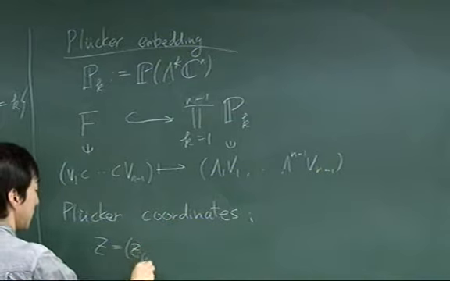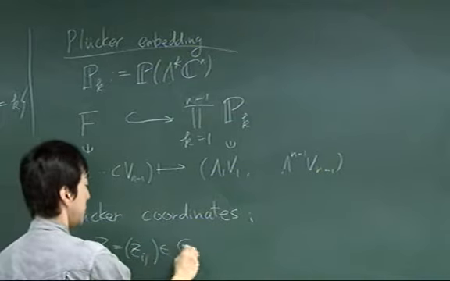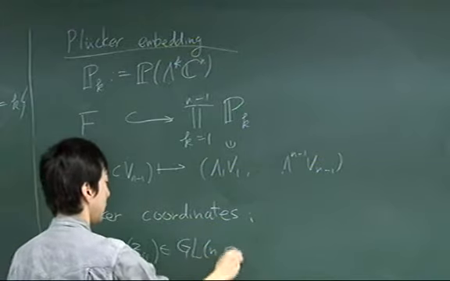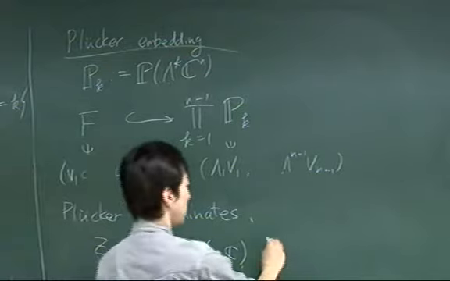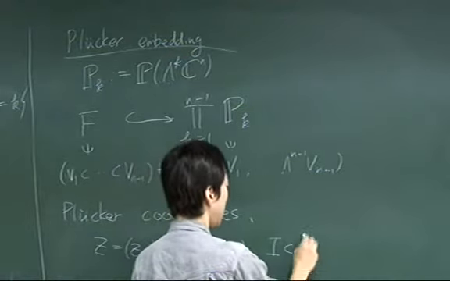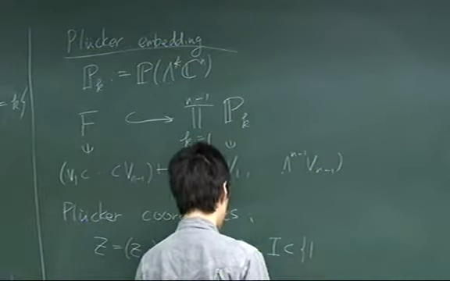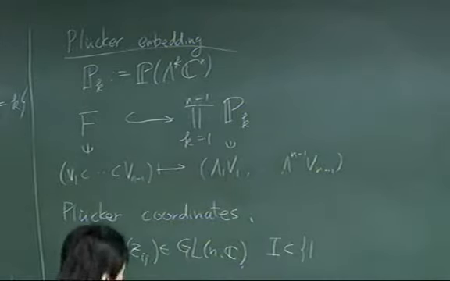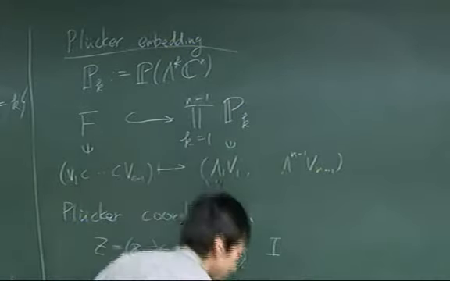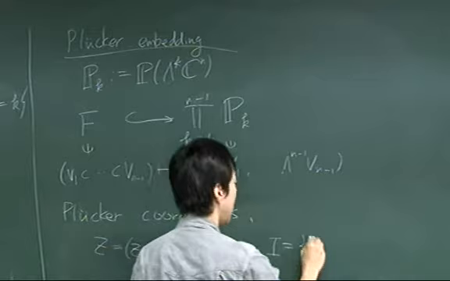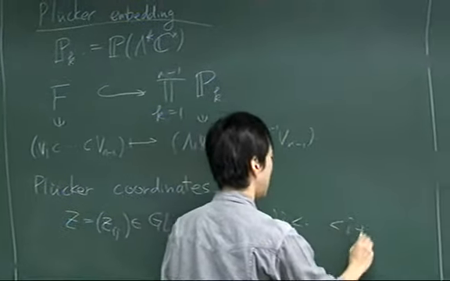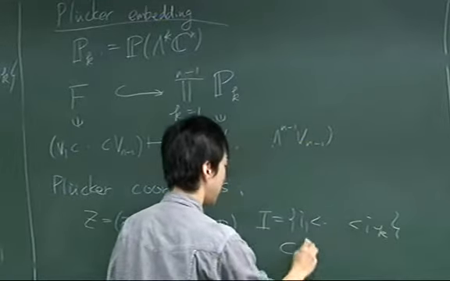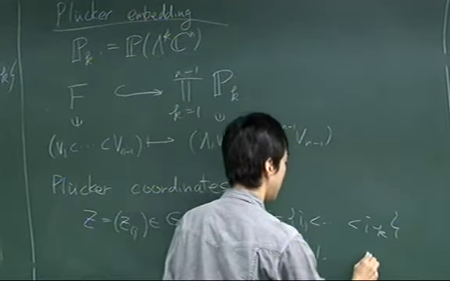So we take a point Z in GL_n(C), and I is a subset of the set {1 to n}.